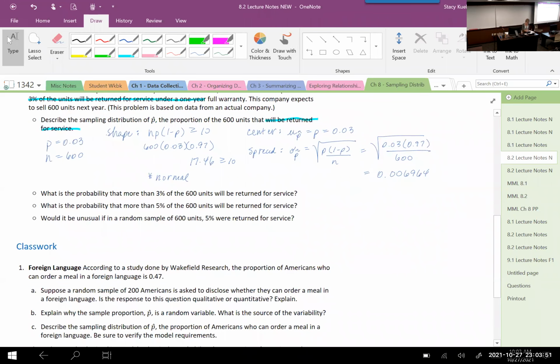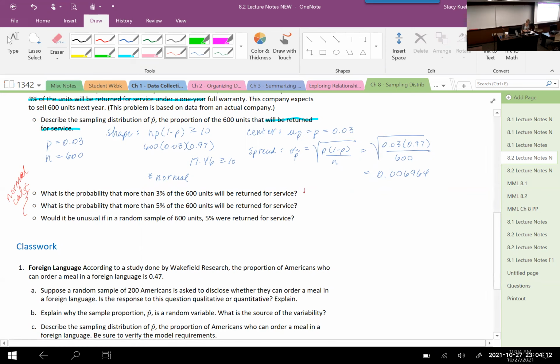So these questions here, I have 3 different questions down here. The first one says, what's the probability that more than 3% of the 600 units will be returned for service?